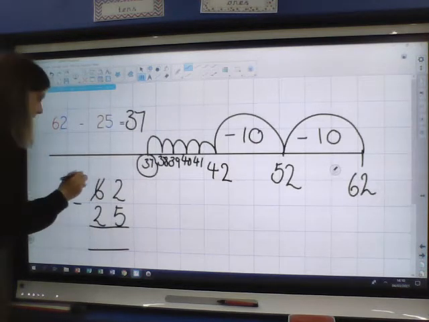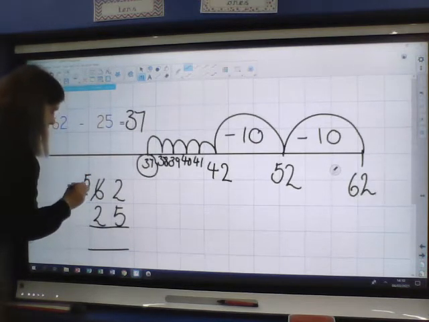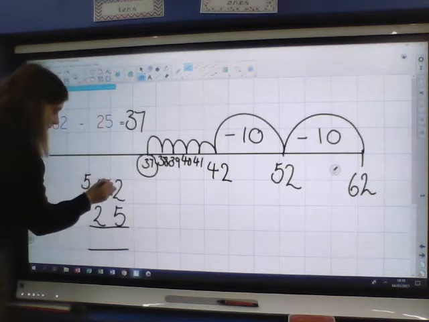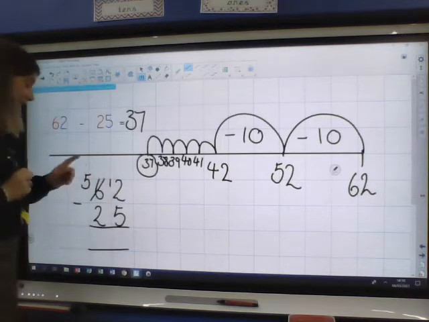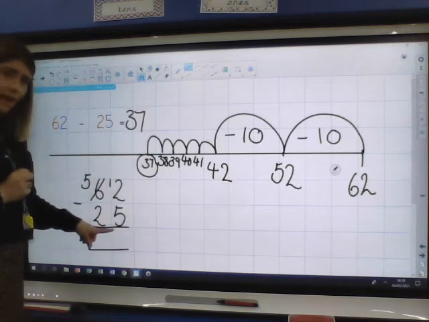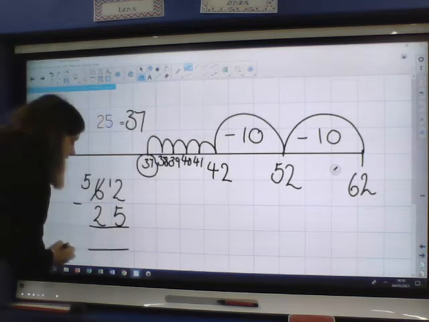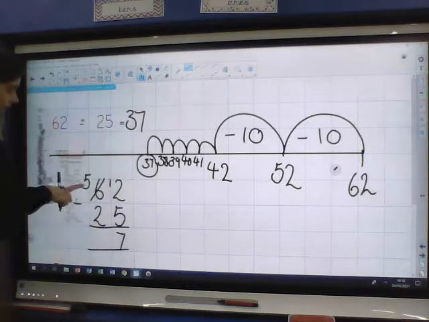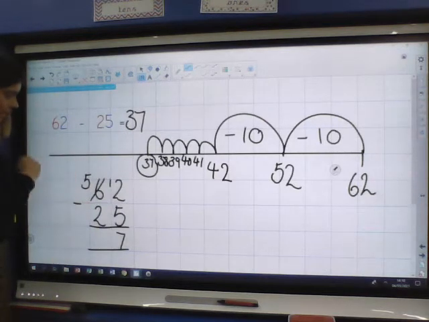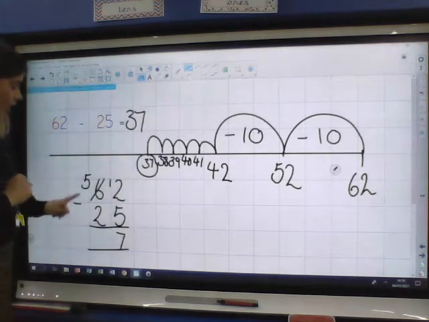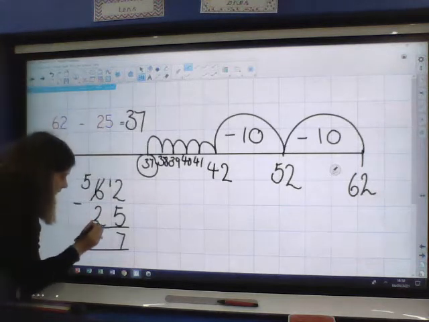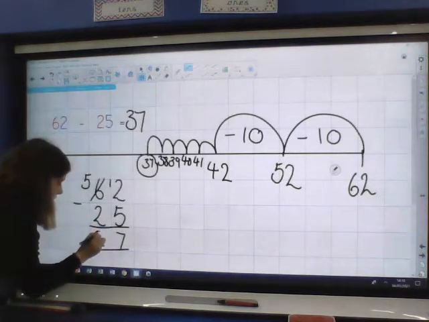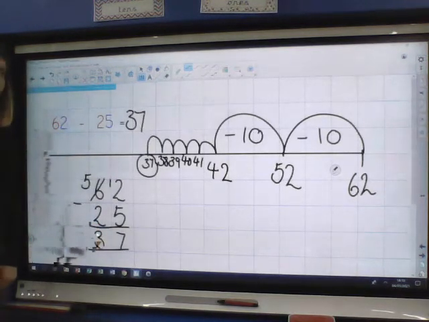So 6 tens now becomes 5 tens and 2 now becomes 12. And I can do 12 subtract 5, which would leave me with 7. Okay, now I've got 5 tens, take away 2 tens, 50, take away 20. Which leaves me with 3 tens, 30, and 37.